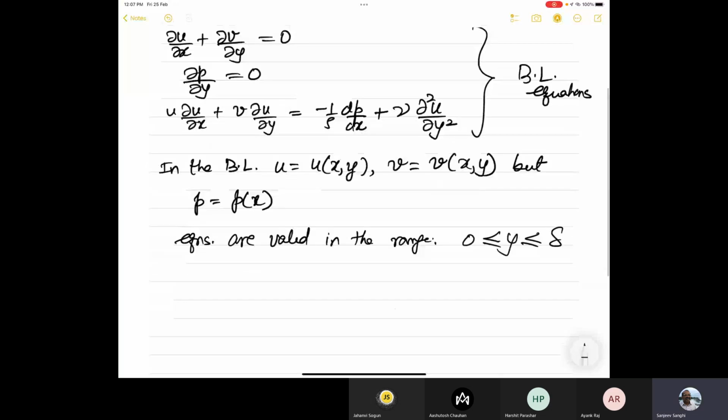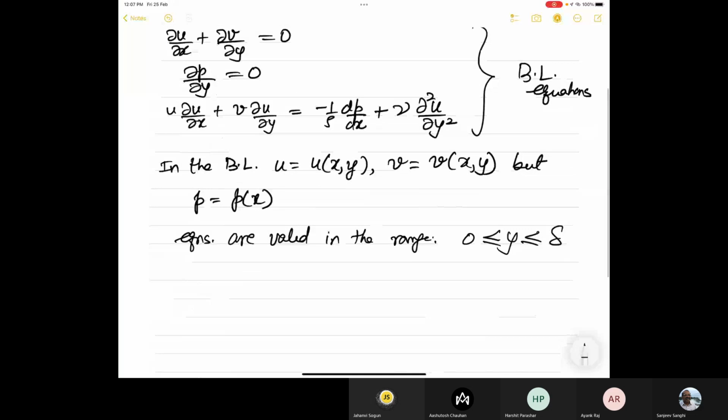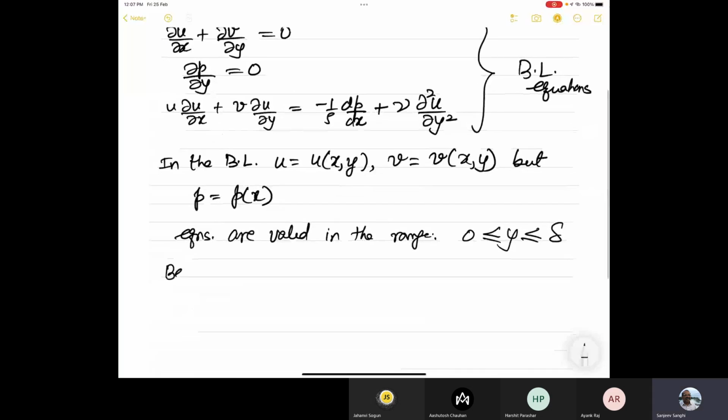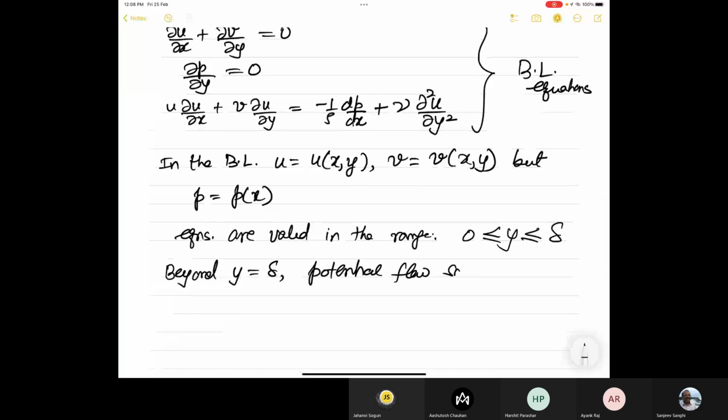Okay. And then beyond y is equal to delta, the potential flow solution is valid.